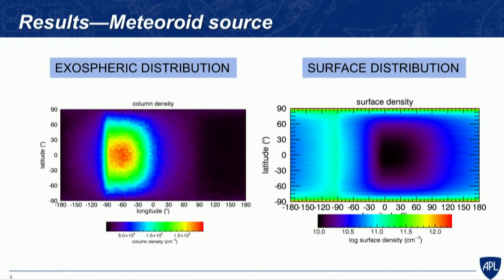So the model keeps track of where all of these particles go. The source brings them in, and then it tracks them as a function of time. It keeps track of the particles that are off of the surface, in the exosphere, so we can get a map of the exospheric density, and we can also keep track of any particles that are stuck on the surface, so we can get a map of the surface density.